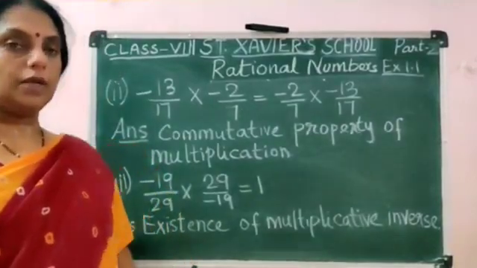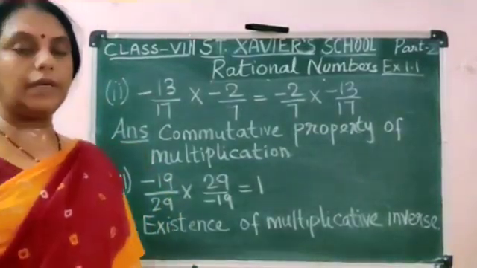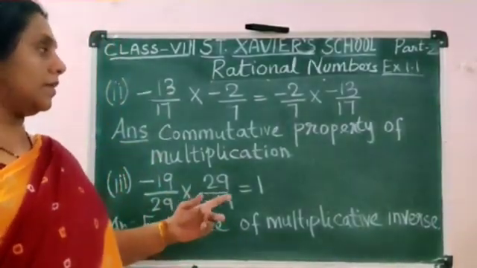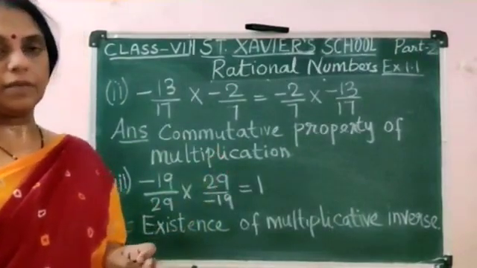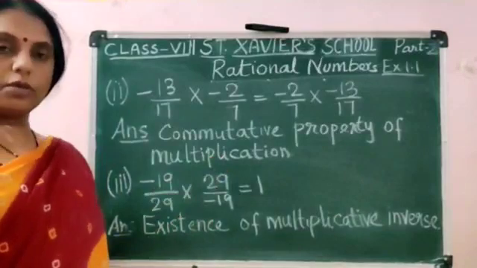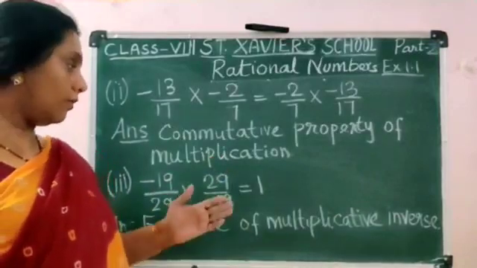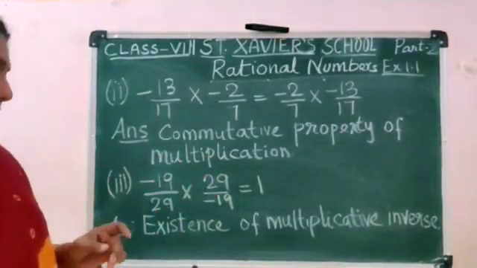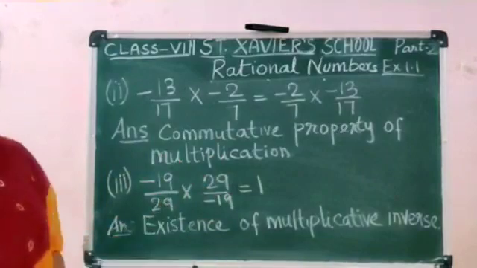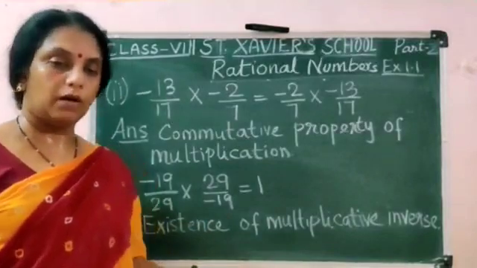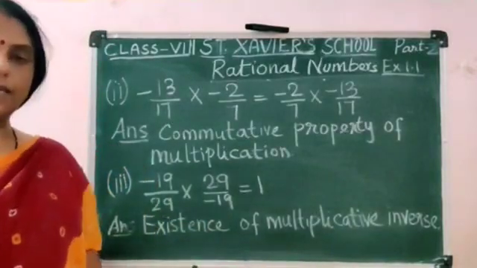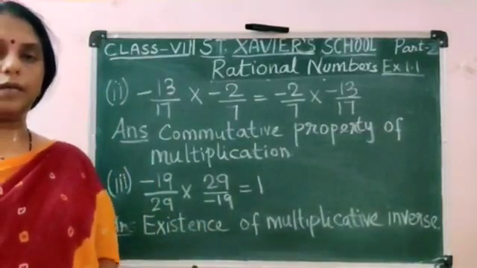The second one is minus 13 by 17 into minus 2 by 7 equals minus 2 by 7 into minus 13 by 17. The property used is the commutative property of multiplication. Third one, minus 19 by 29 into 29 by minus 19 equals 1. The property used is the existence of the multiplicative inverse.